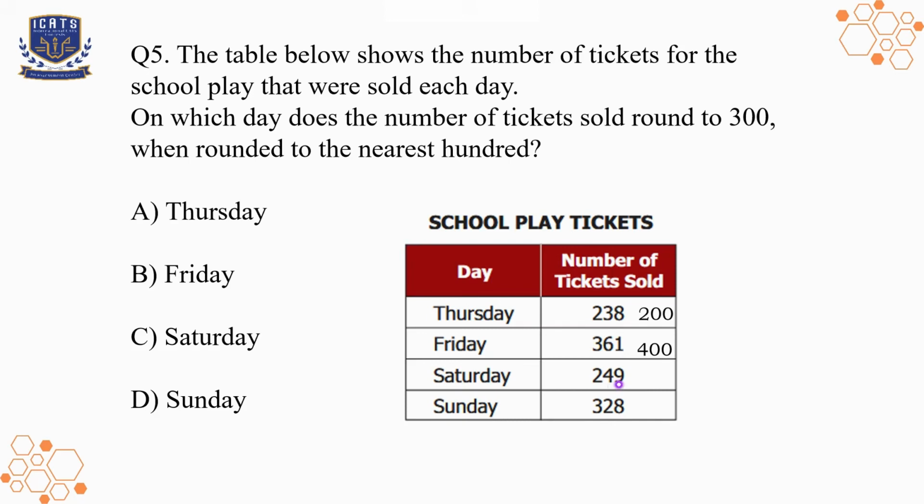It lies between 200 and 300, and it comes before 250. So we will round it to 200. 328 lies between 300 and 400, and it comes before 350. So we will round this number to 300. So we can say on Sunday, the number of tickets sold rounds to 300. So that is our option D.